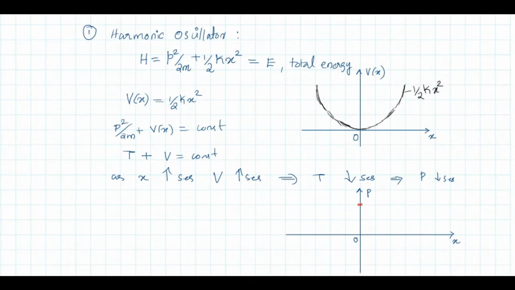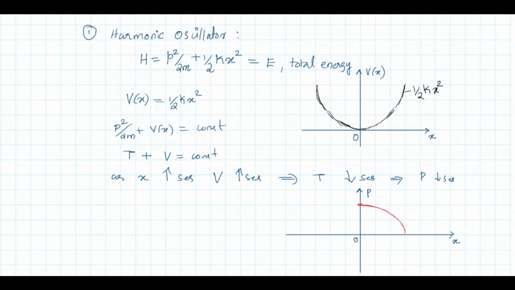Now as x increases, the potential energy goes on increasing. That means the kinetic energy will decrease, that is, the momentum will decrease. The momentum curve will go like this.